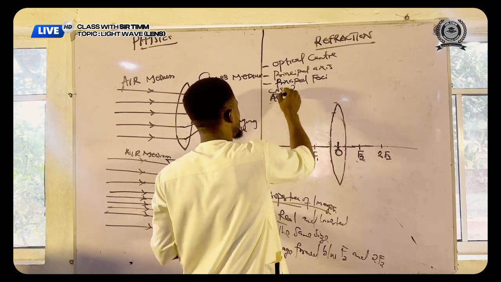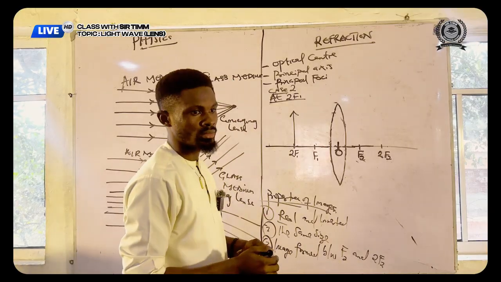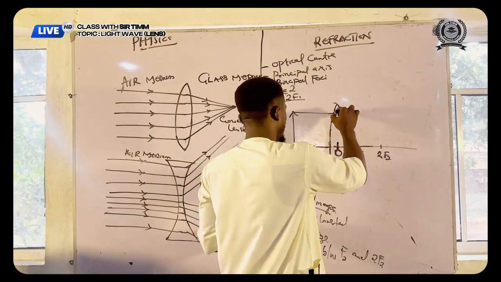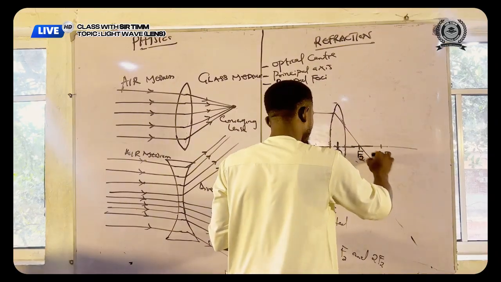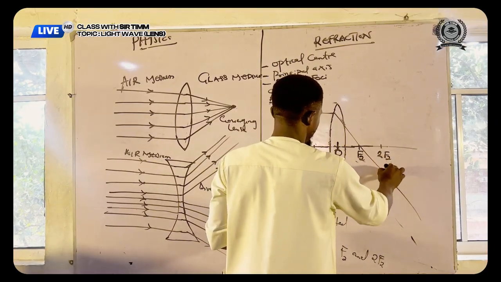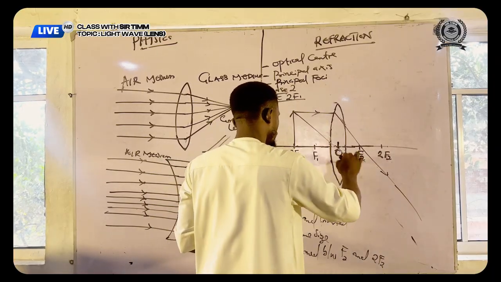So looking at case 2 at 2F1. This one can go, then this one can go. Which other one can go? This one can go.